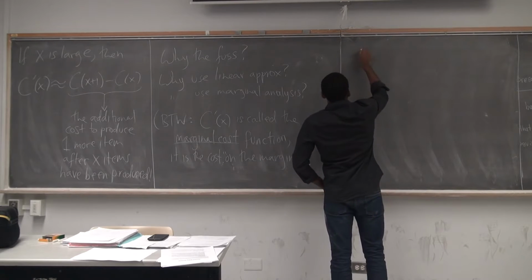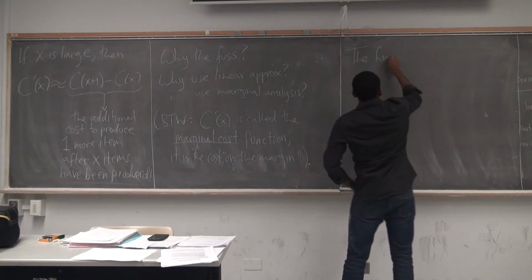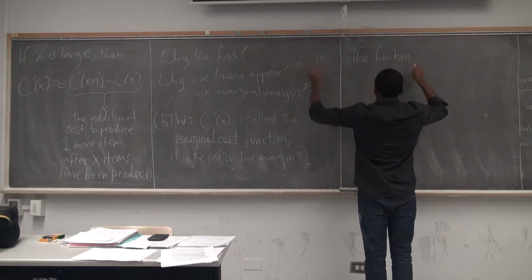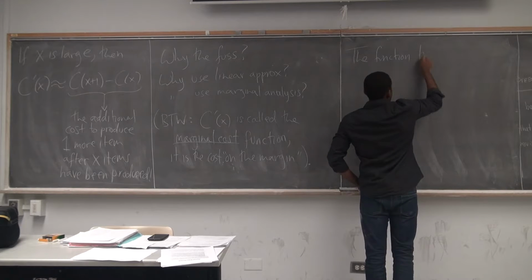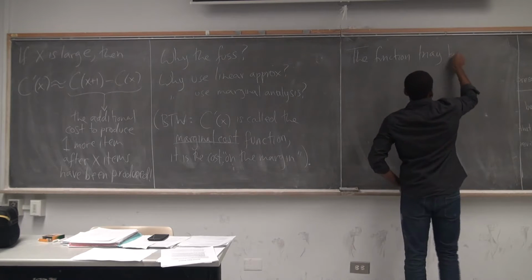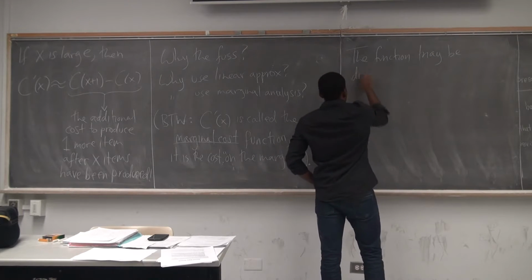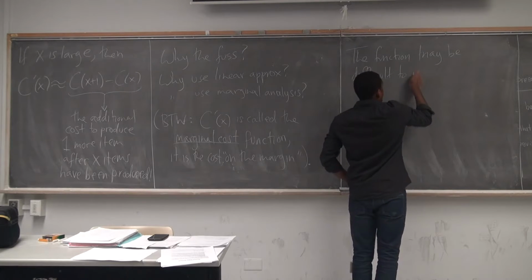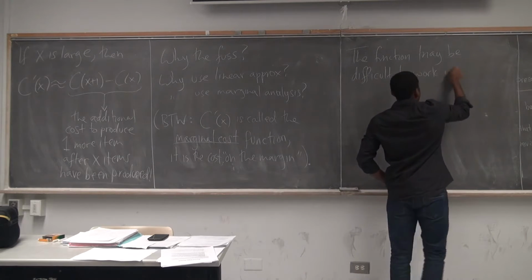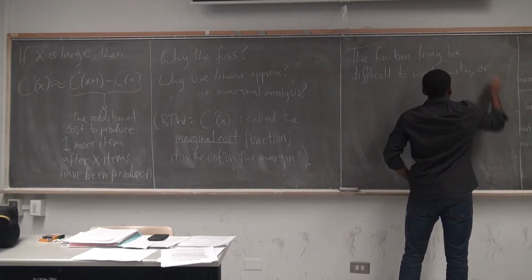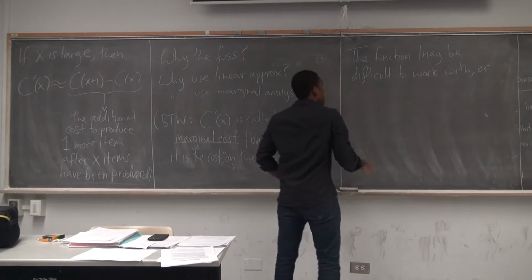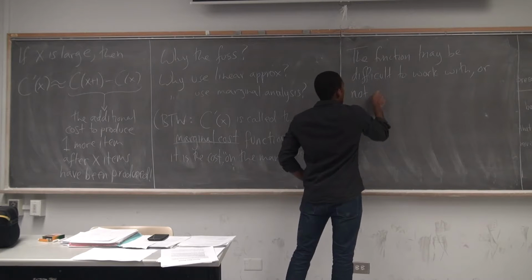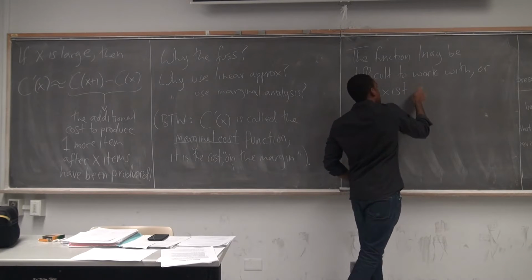As I said here, function. Why would we go through this fuss? The function may be difficult to work with. Or, and here's where it's really useful, not exist in the first place where we want to approximate it.